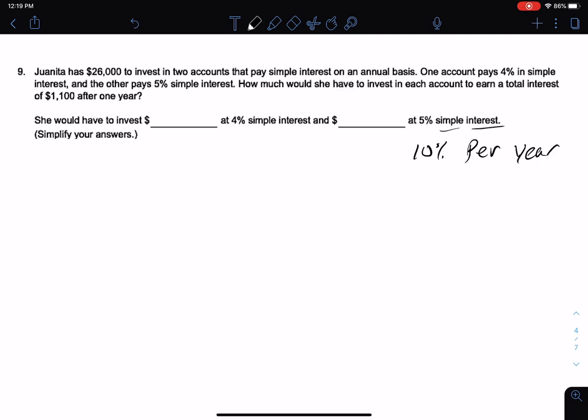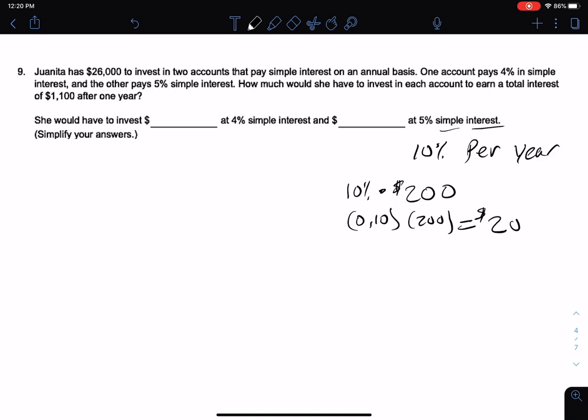Then if you had, let's say, $200 in the bank, they would give you 10% of $200. So you just multiply 0.10 times 200. So simple interest after 1 year, if they said 10% simple interest, would be how much? $20.